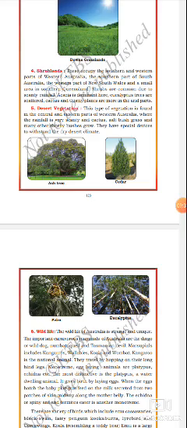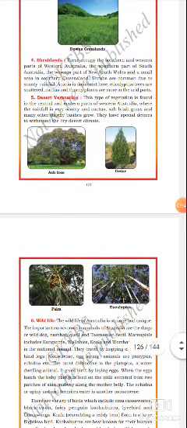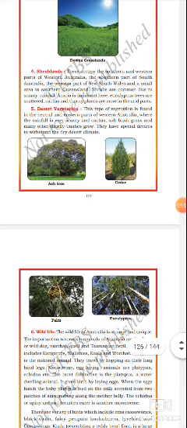Acacia is the dominant species; eucalyptus trees are scattered. Cactus and thorny plants are more in the arid parts. Listen, dear students, in shrublands we will see eucalyptus trees and scattered cactus and thorny plants.